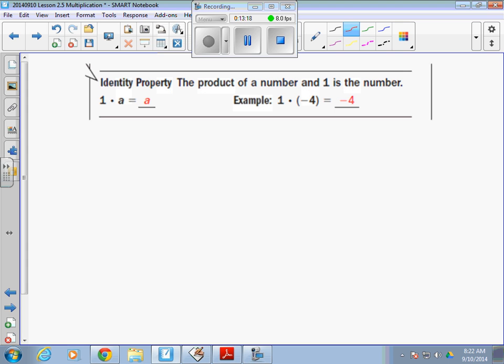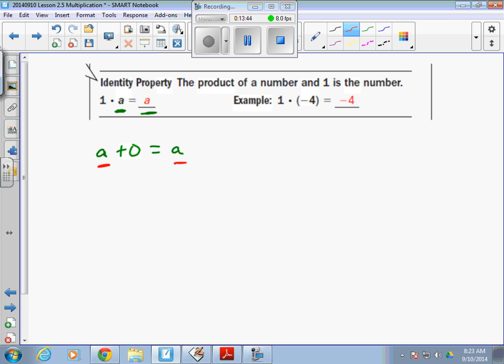The identity property. Now, this is where the identity property of multiplication is different than it was for addition. The same thing is still true, though. If it's A at the beginning, when you multiply it by 1, it remains A. The identity property for addition, we said A plus 0 still was A. So its identity remained unchanged.